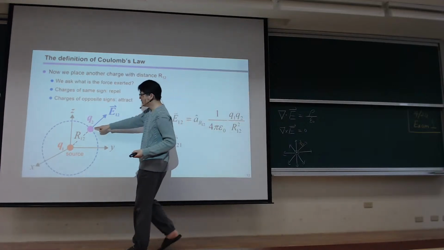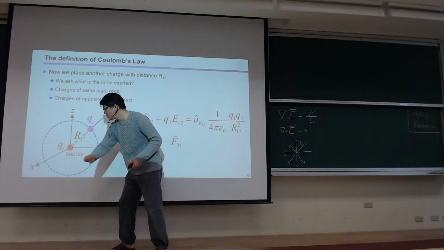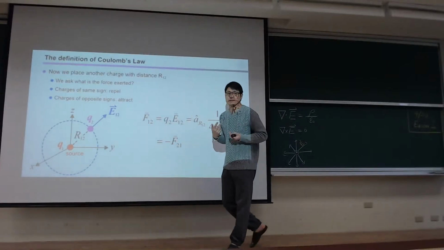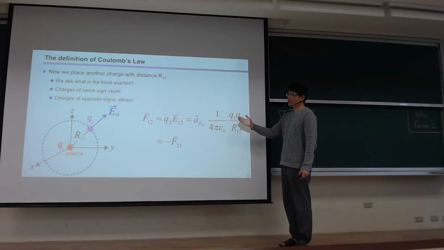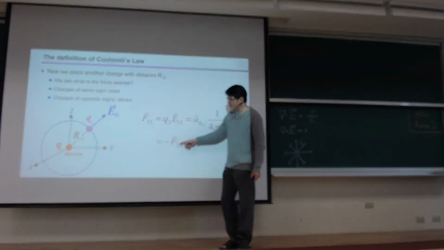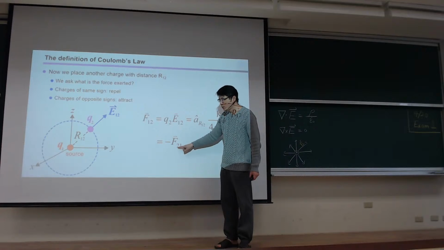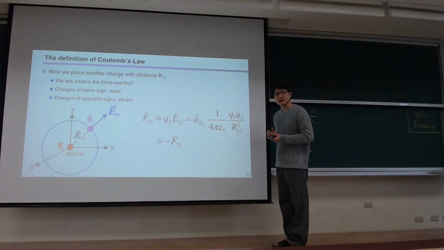You can imagine initially you have Q2 in space only, then you bring charge number 1 to the location. Exactly the same, it's just reversed. So in this case, Coulomb formulated the force felt by charge number 1 due to the presence of field created by the second charge will be having the same amount.